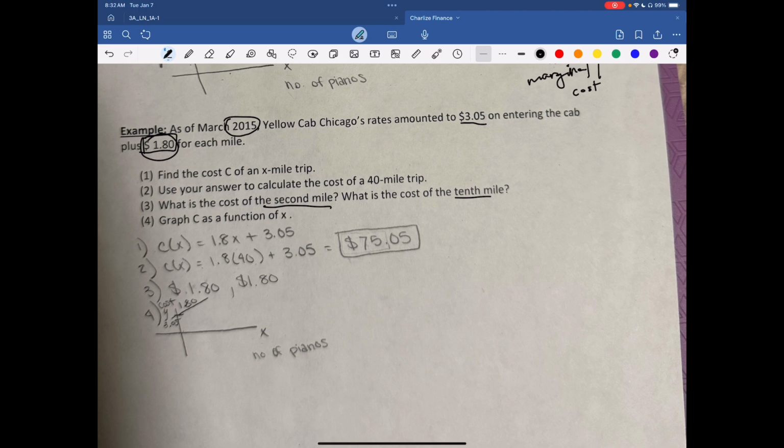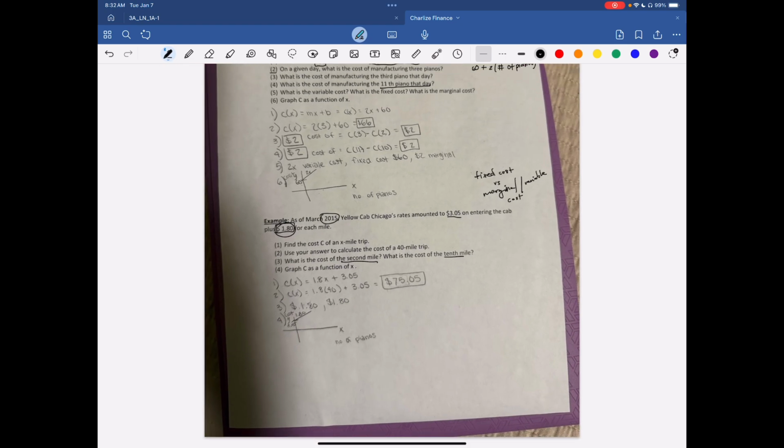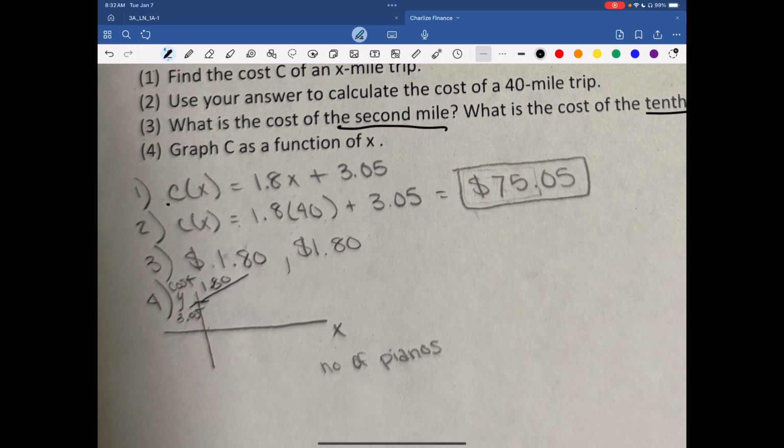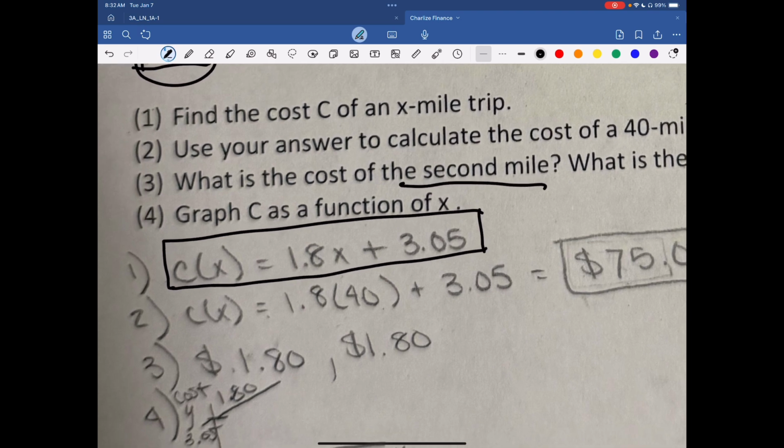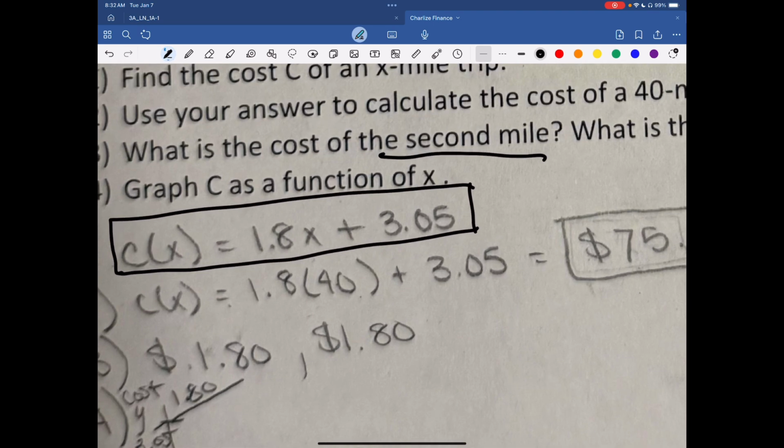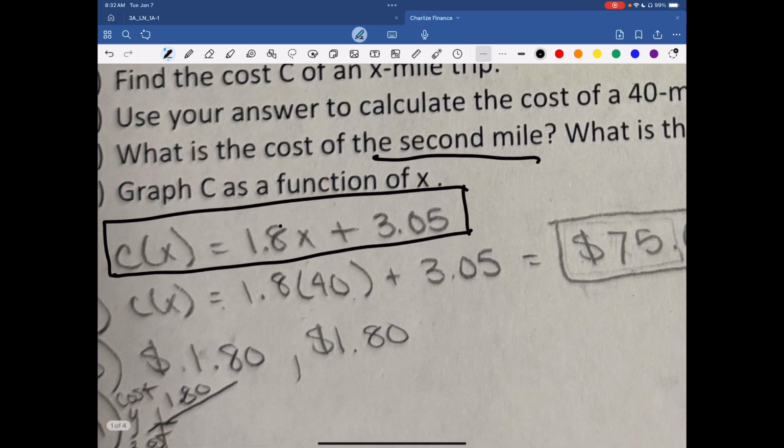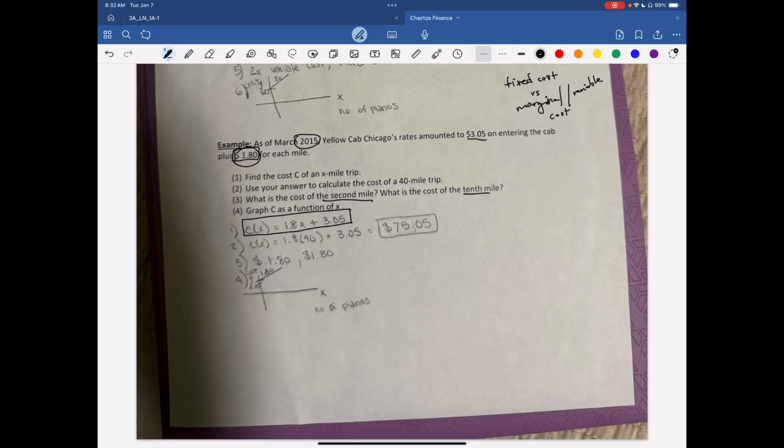So the first mile will cost something like $5. The second mile is plus a certain amount. As we know already by interpreting this function, this is the only number that is changed by x.